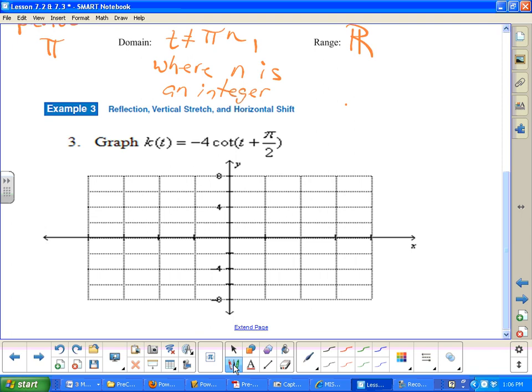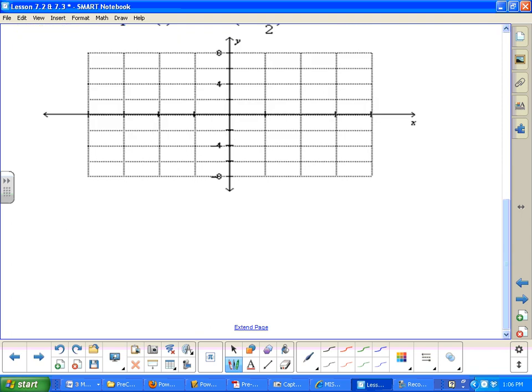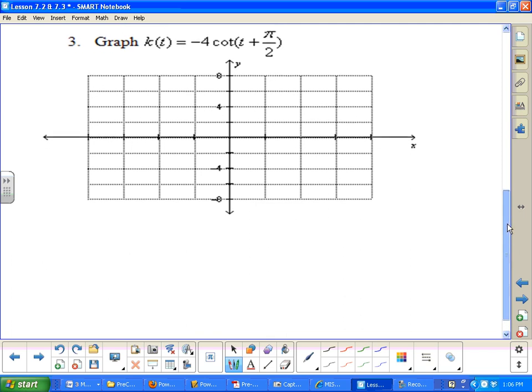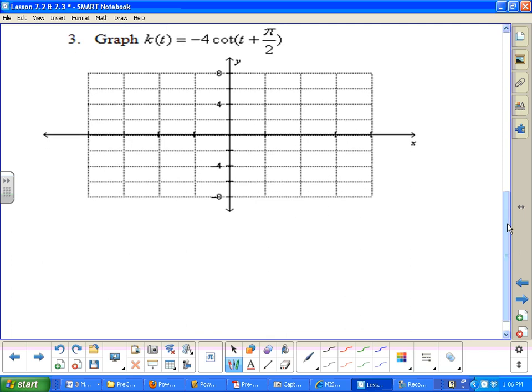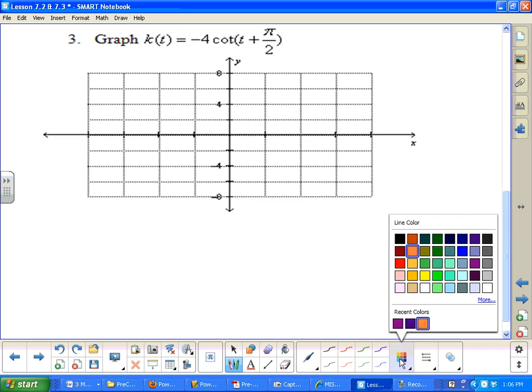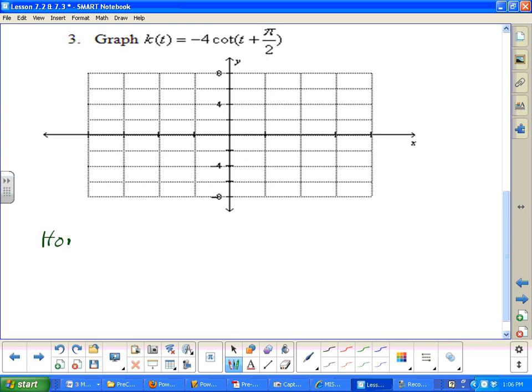So that means we're doing a horizontal shift. And in this case, that horizontal shift is going to be to the left by pi over 2. Remember, anything that happens horizontally is always the opposite. So, when I describe this transformation, okay, first of all, we have a horizontal shift pi over 2 to the left.